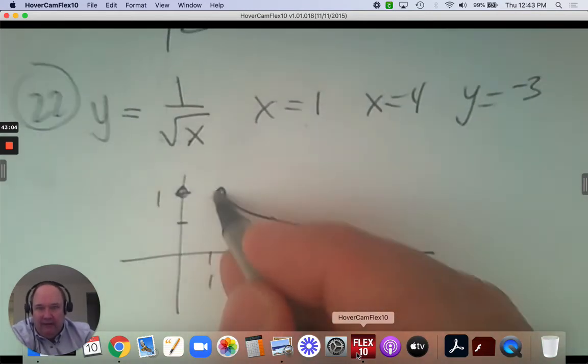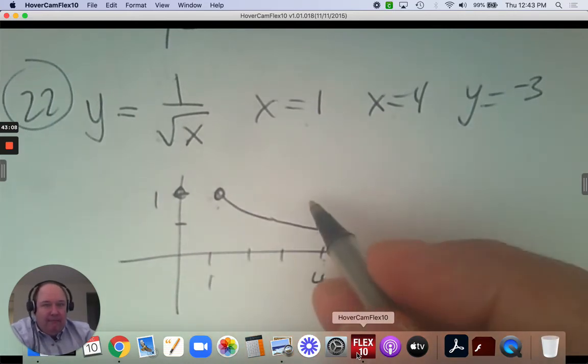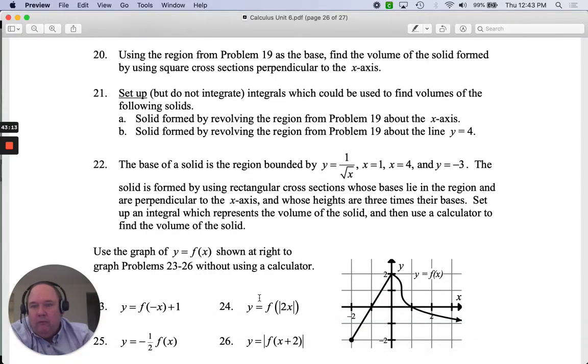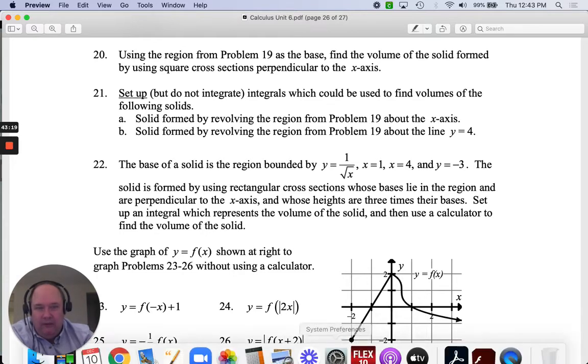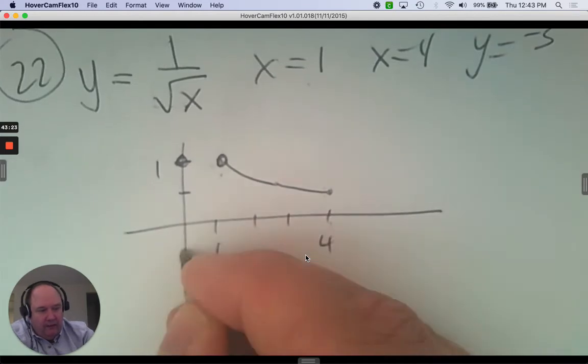So at least you have the endpoints, connect them with the curve, and bounded by y equals, what's the y equals? So this is the region bounded by 1, 4, and y equals negative 3. So y equals negative 3 is down here.